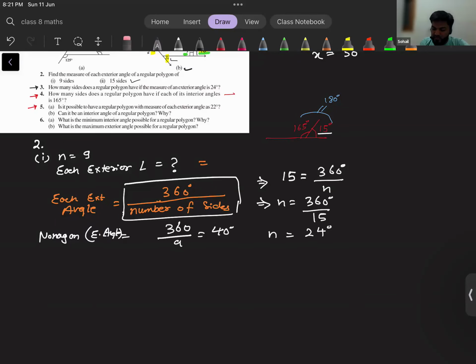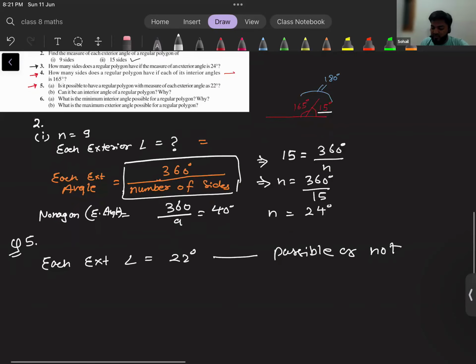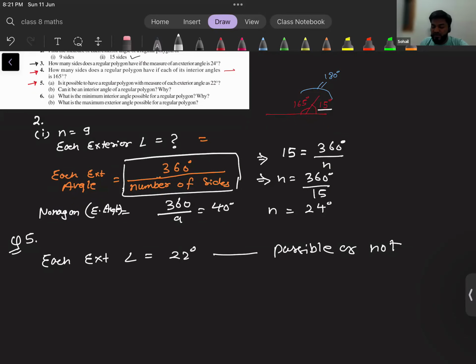Question number 5 says each exterior angle should be 22 degrees. We need to check whether it is possible or impossible. How do we do that? We put it in the formula: 22 degrees equals 360 upon n, right guys?